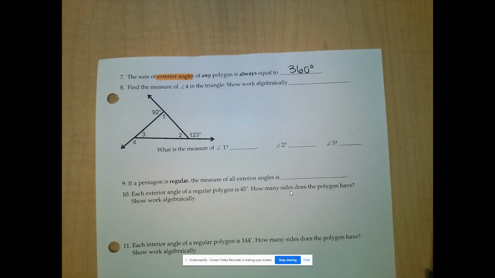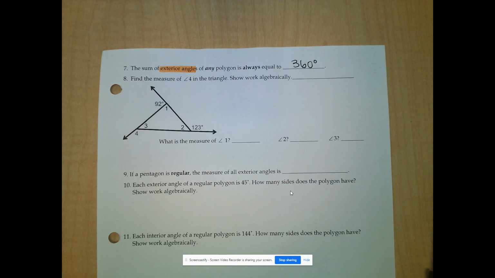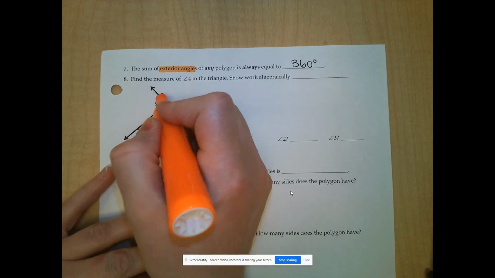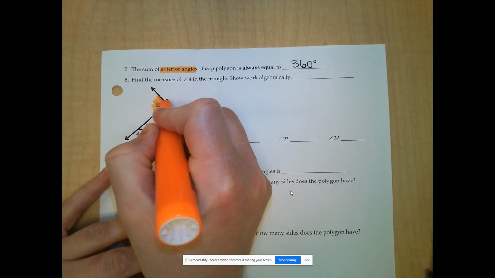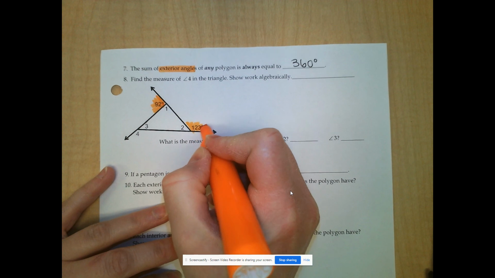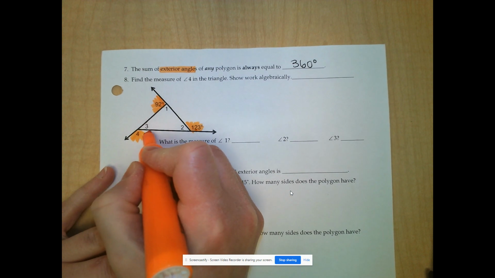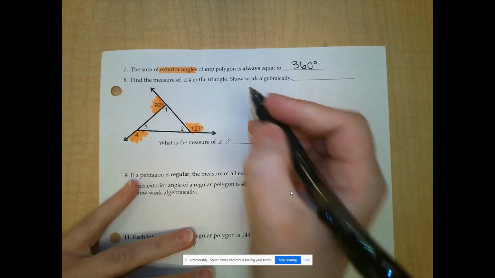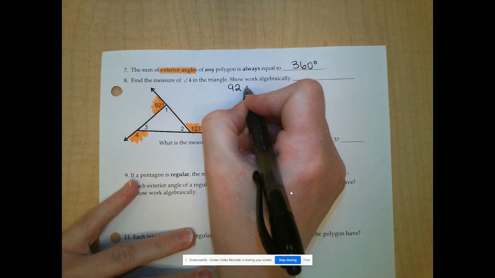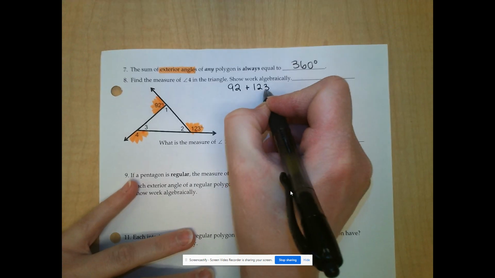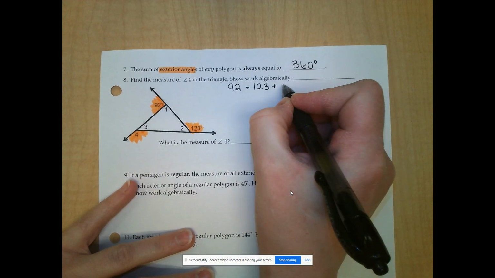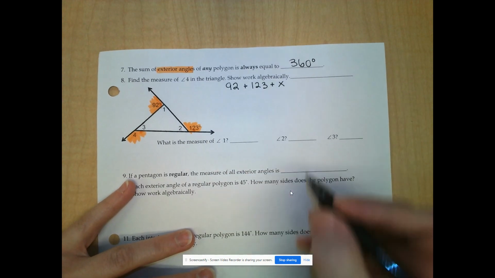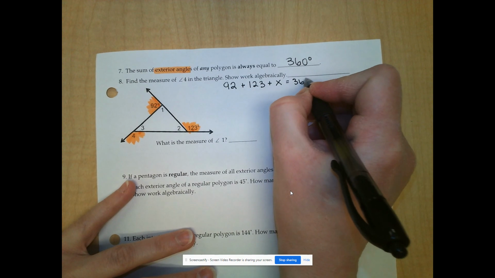Find the measure of angle 4 in the triangle and show your work algebraically. So we have a 92 degree exterior angle, a 123 degree exterior angle, and angle 4. We're going to do the 92 that we know, plus the 123 that we know, plus the missing measure of angle 4, and they have to add up to 360 degrees.